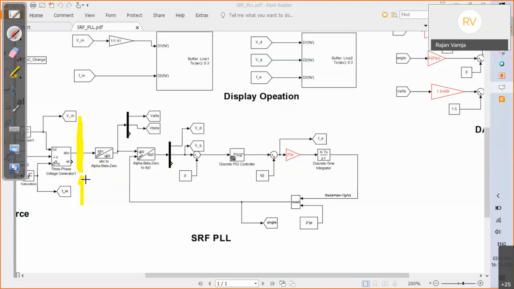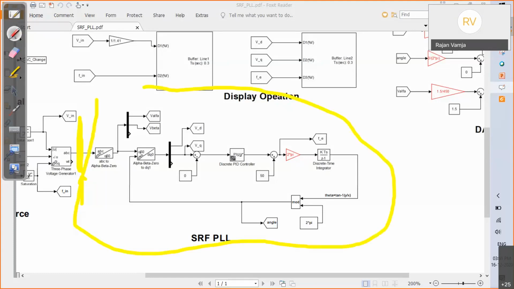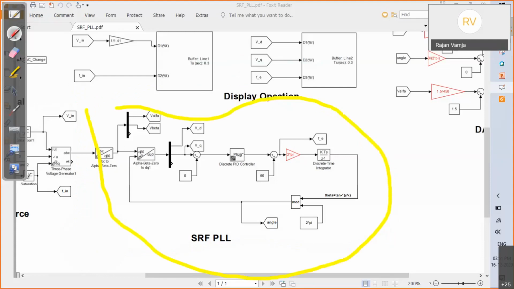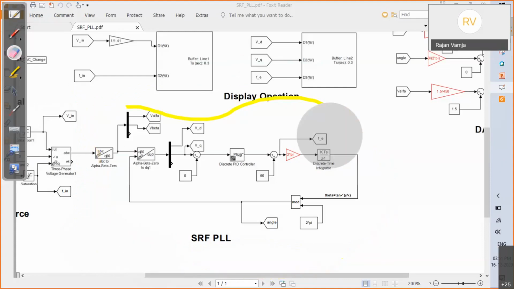This is applied here to verify this algorithm, as we have demonstrated, using a source. In the program itself, we are converting ABC to alpha beta.